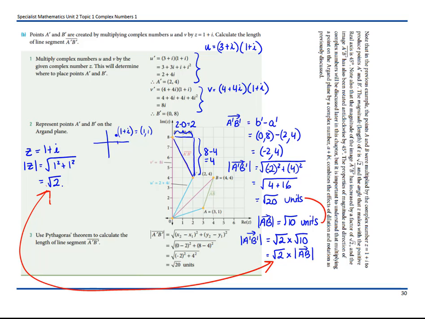Okay, the other thing that happens to it, if you look at our original diagram, that's your A and that's your B, your original. So if we look at AB compared to the transformed AB, that's been rotated anticlockwise 45 degrees.